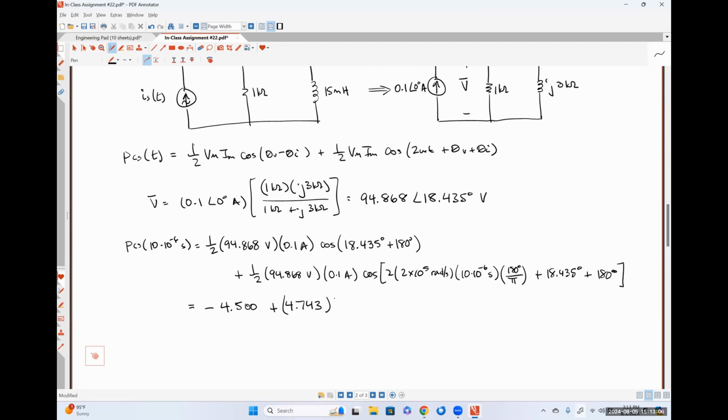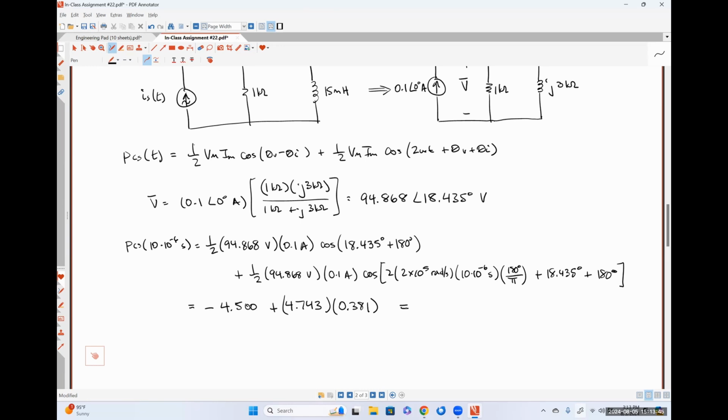So cosine of 4 times 10 to the 5 times 10 times 10 to the minus 6 times 180 over pi plus 18.435 plus 180, 0.3807. Let's just call that 381. Putting all those things together.